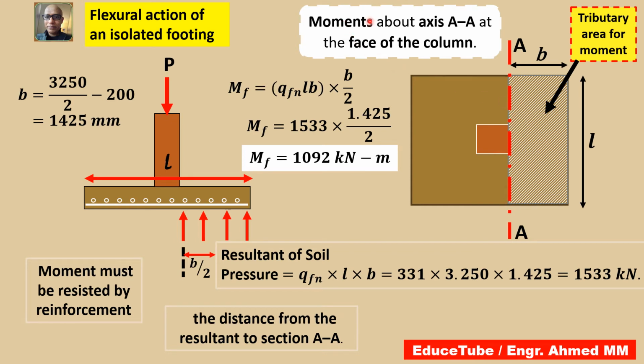That is why it is written moment about axis AA at the face of the column. And the tributary area is this one, and this distance is B.